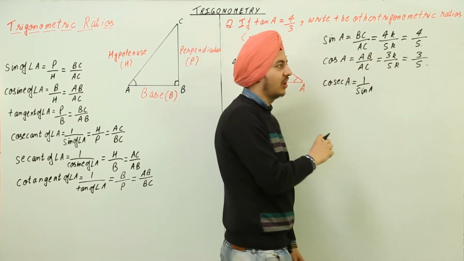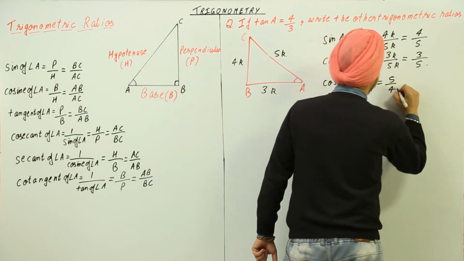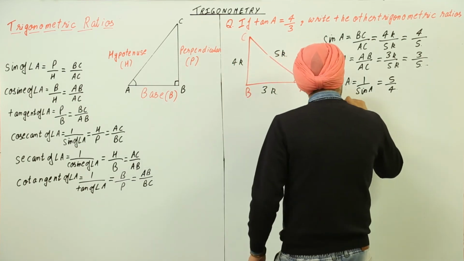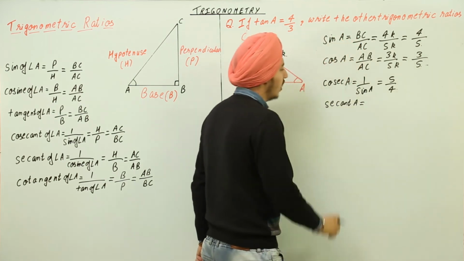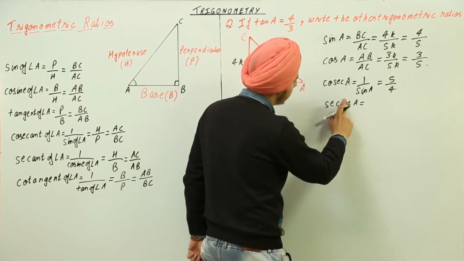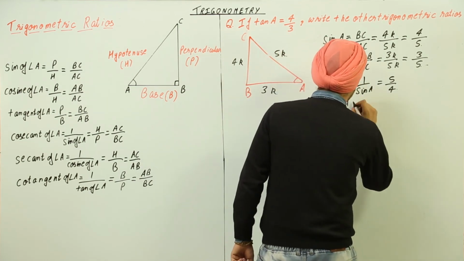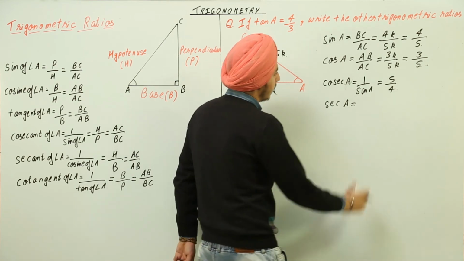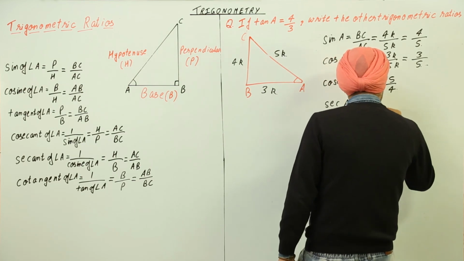So the reciprocal of sine A is equal to 5 by 4. Simple. Same way we have secant of A, or in short form we write it as sec of A. This is also noted as the secant. So this is 1 upon cosine of A.